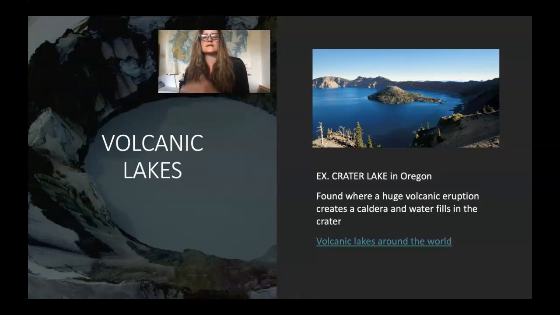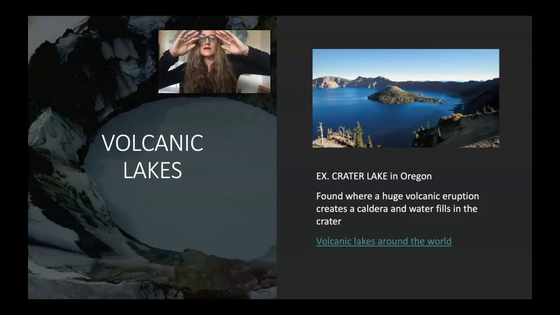Volcanic lakes. This in the image here is the beautiful Crater Lake in Oregon, and the one down below is a crater lake in the South Pacific. These are going to form when a volcano typically goes through a caldera stage and has a caldera eruption, where the whole magma chamber down below is exploded out during an eruption, and so the volcano collapses in on itself, and then that basin that is the crater fills with water.